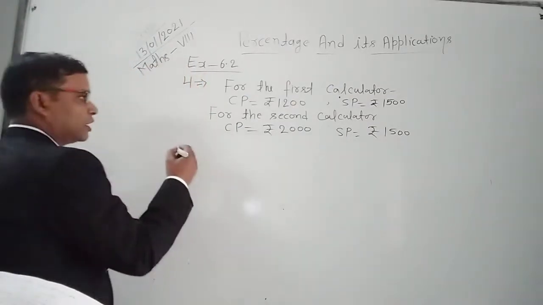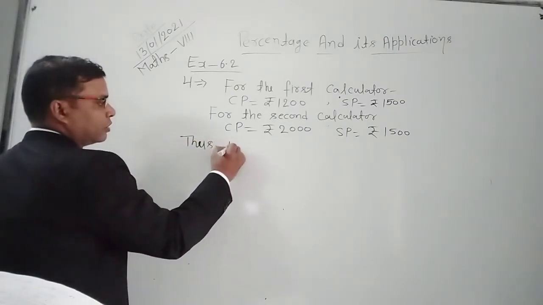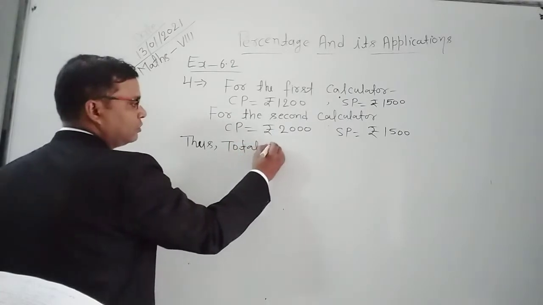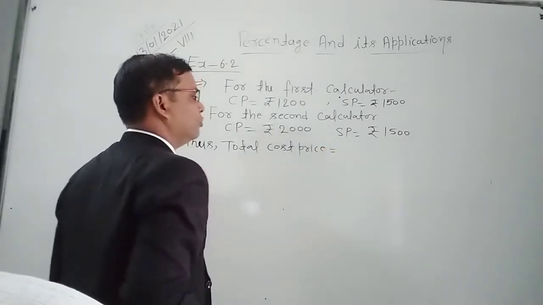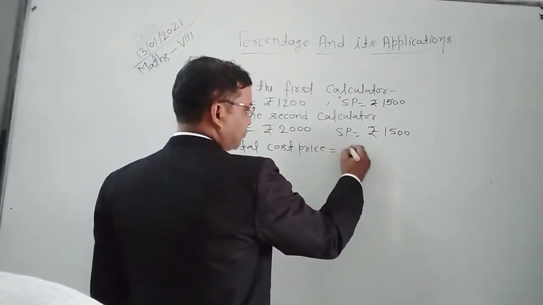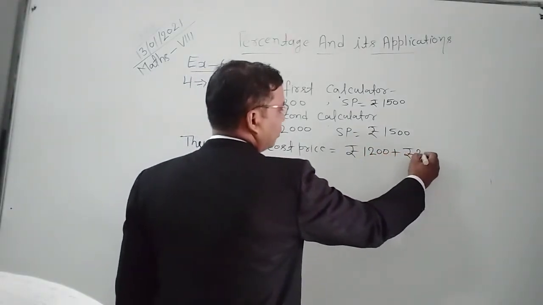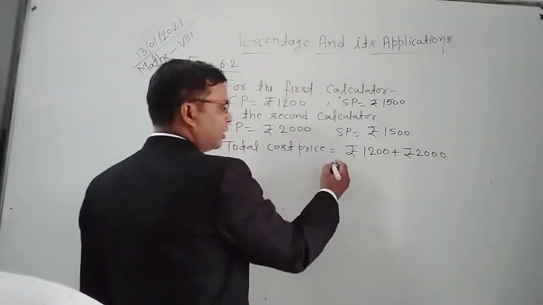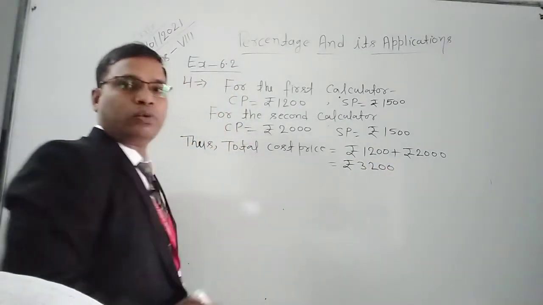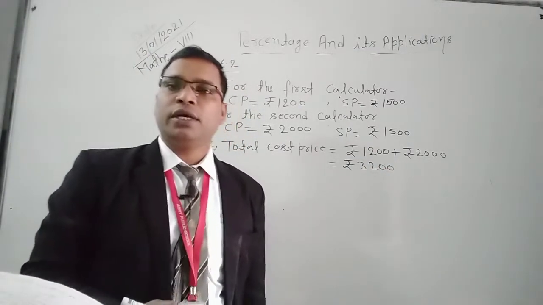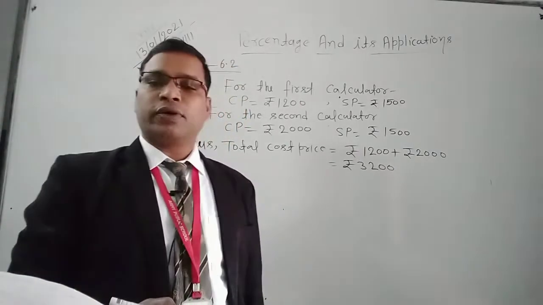Thus the total cost price of two calculators is 1,200 rupees plus rupees 2,000. If we add them, you get 3,200 rupees.